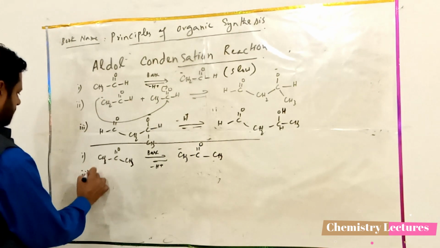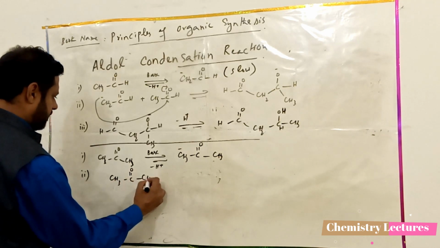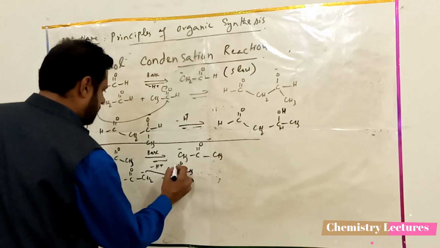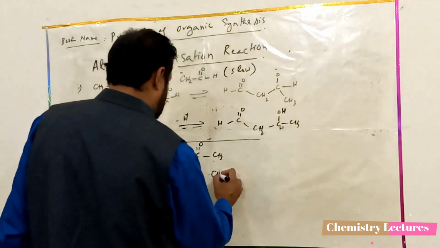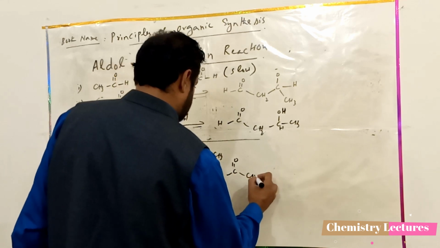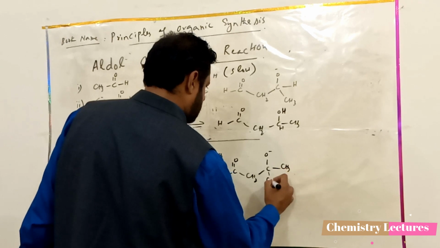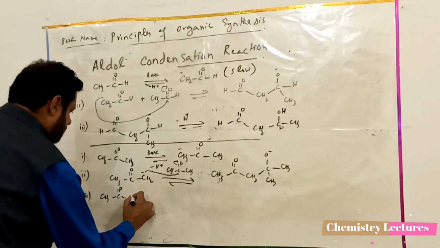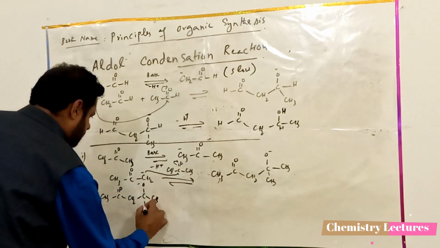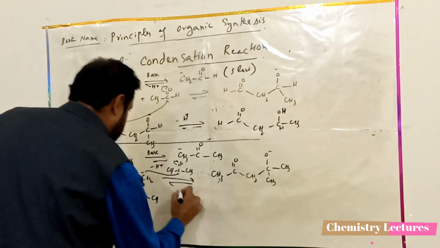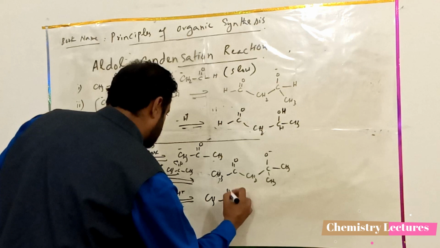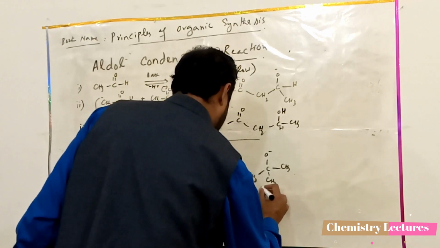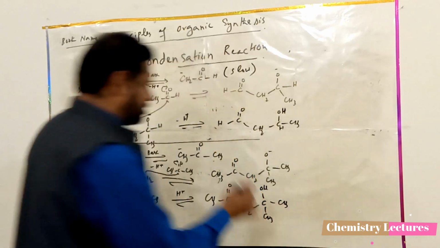In the second step, this carbanion reacts with a second molecule of ketone, and the negative charge comes on the carbonyl oxygen. In the third step, this will abstract the proton which was released in the first step.